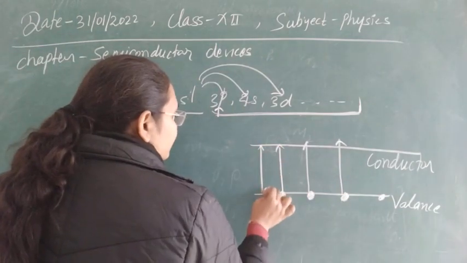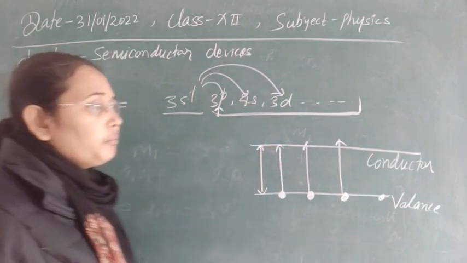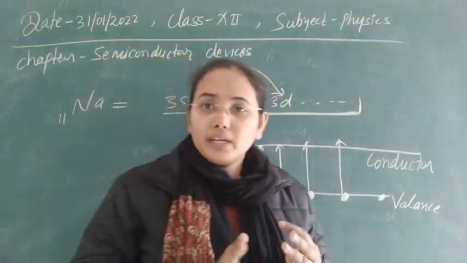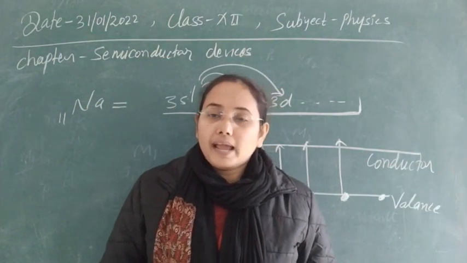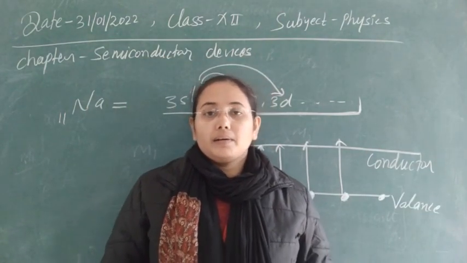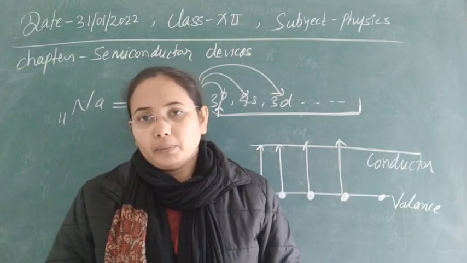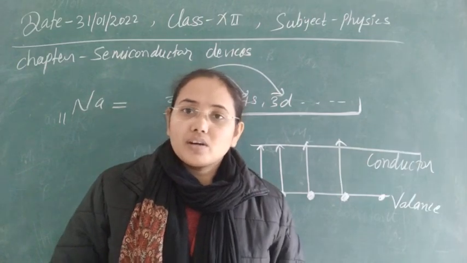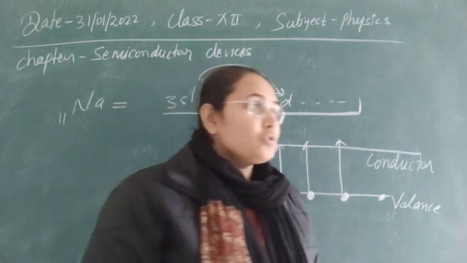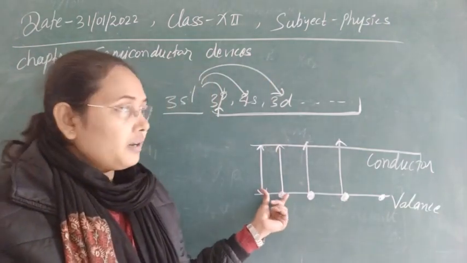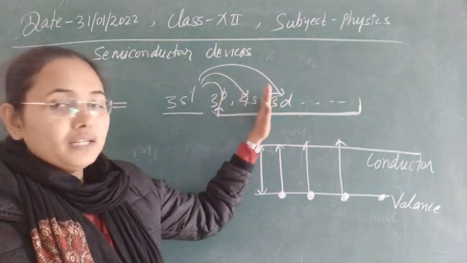As we know, according to the Bohr model, an electron can only exist in those orbits for which the angular momentum of the electron is an integral multiple of h upon 2 pi. If the electron is not satisfying that condition in that orbit, it cannot lie there. So the electron can make transitions only in certain states.